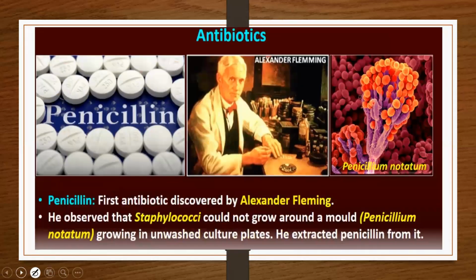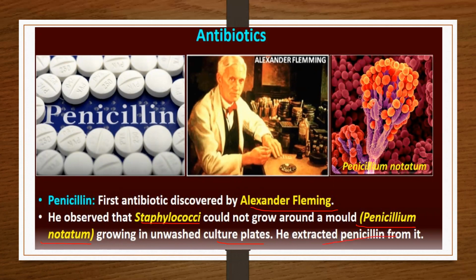But do you know, the first antibiotic was discovered by Alexander Fleming, and he accidentally discovered it. He was actually growing staphylococci on a culture plate, and he saw that on a culture plate where Penicillium notatum was growing, the staphylococci did not grow.